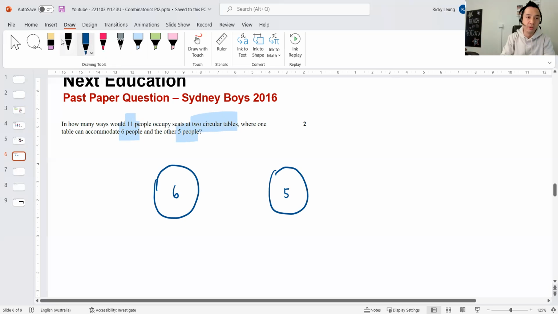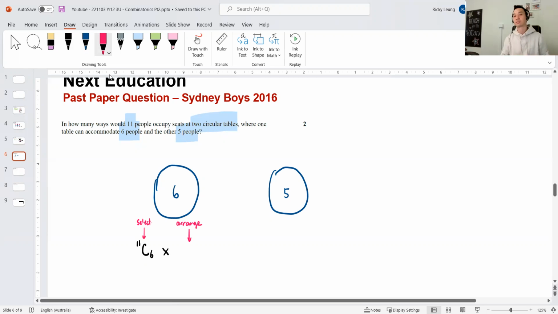So I'm always going to split my answer into, from 11 people, choose 6 people. Just to be clear, this step here is to select, and then this step here is to arrange.